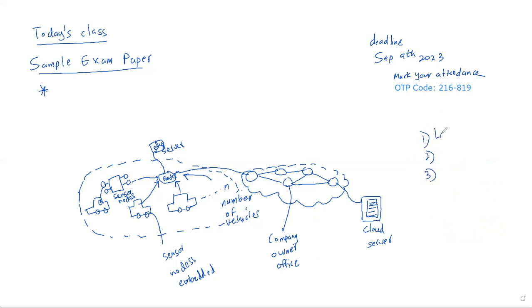So you can do location tracking or location monitoring of the vehicles. For that we can use GPS sensors and other location monitoring measurements to track the location of the vehicle.